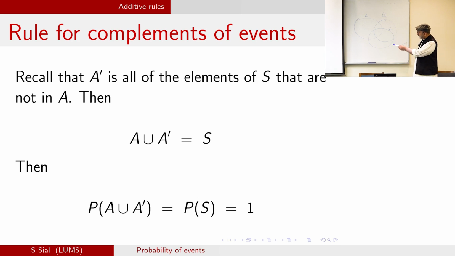Now, what's the probability of A union A complement according to the rules we've been talking about? The probability of A union A complement has to be equal to 1. And according to that formula, it's also equal to the probability of A plus the probability of A complement minus the probability of the intersection. But the intersection of A and its complement is the null set, so that probability is 0.